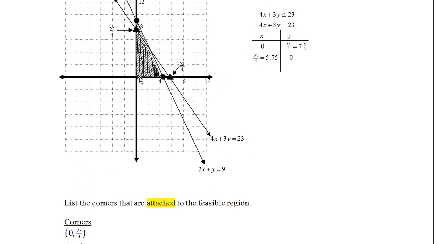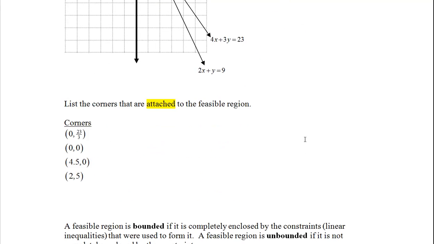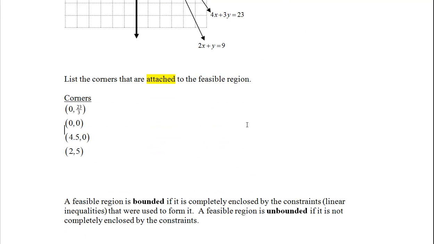But the corners have to be attached to the feasible region. This one is not. If you'll notice, it's outside the feasible region, and this one is not either. So they have to be with the double shading. A feasible region is bounded if it is completely enclosed by the constraints, the linear inequalities that were used to form it.